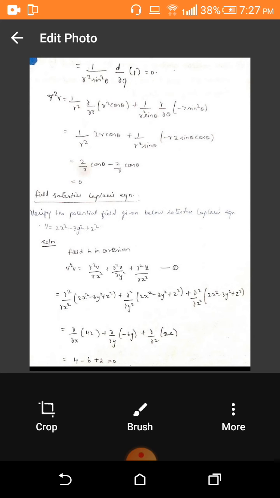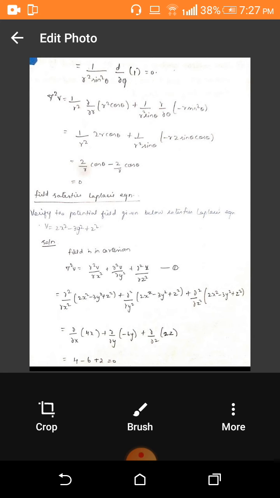So therefore writing all the terms we have found together. So del square V is equal to 1 by r square dou by dou r of r square cos theta plus 1 by r square sin theta dou by dou theta of minus r sin square theta.